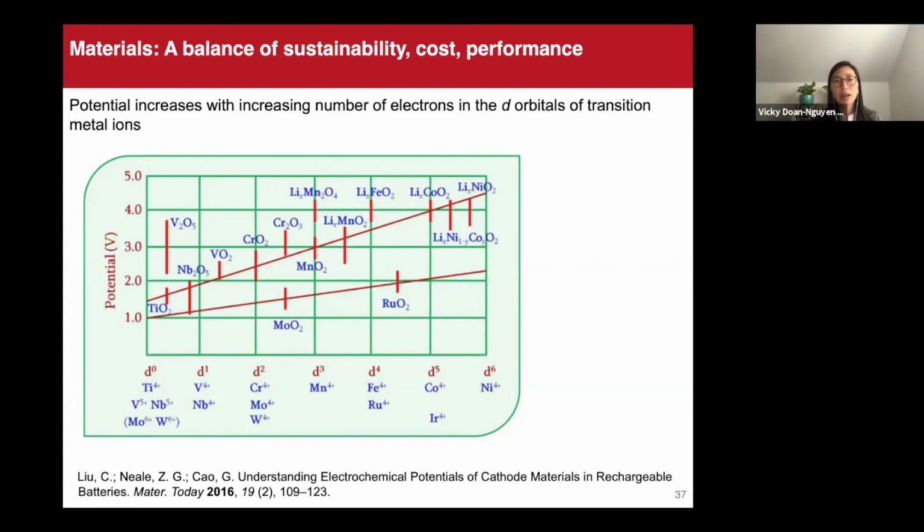And so that's 4s0, 3d5 in the oxidized state. So you can see that substituting with nickel does increase the voltage, but there are some instabilities when you cycle these types of cells. Manganese is also cheaper, but the voltage decreases a little bit.